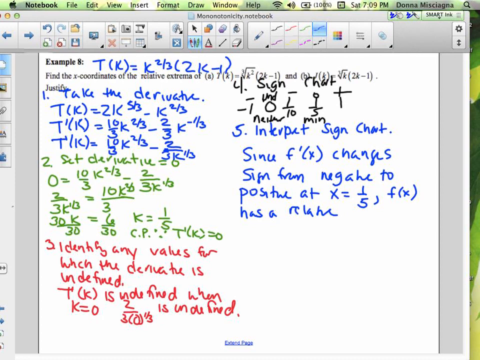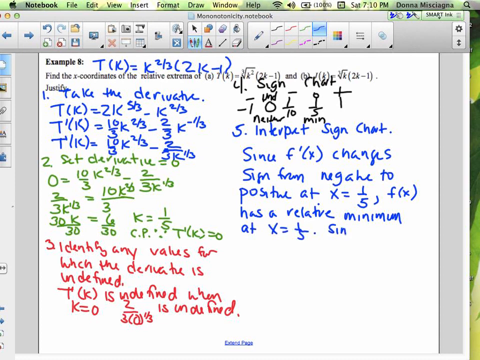I keep getting sloppy on the word relative. Relative, good enough, minimum at x equals 1/5.